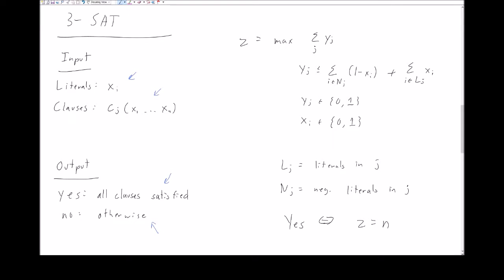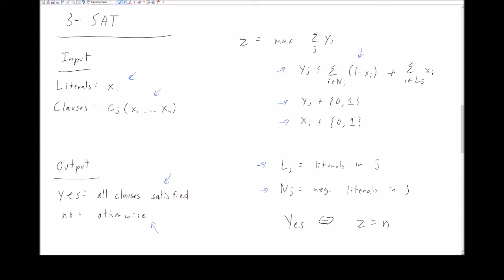To get a better idea of the 3-SAT problem, we can model it as an integer program. In this case, our integer program is going to have a variable yj for every clause j, and a variable xi for every literal i. We set the value of yj as high as we can, but we're restricted by the values of the literals. Specifically, at least one of the literals in the clause j has to be set to true. We break the literals into 2 components: the literals that aren't negated, lj, and the literals that are negated, nj. Among the literals that are negated, we take 1 minus the value that it's assigned to, xi, and sum over all of them.